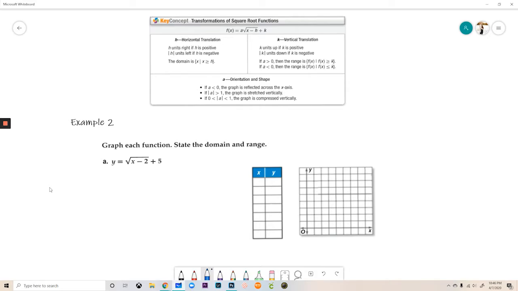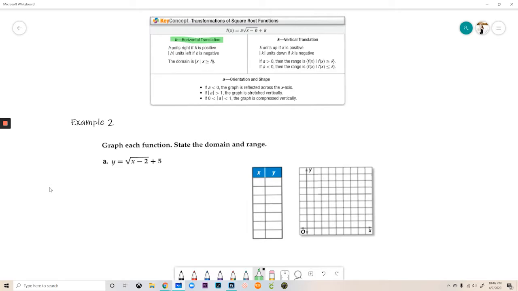Alright, so another piece of information up here is transformations of square root functions. This is also true for any graph that you may have. We're going to have a horizontal translation and a vertical translation. So, for example here, if you are adjusting inside the radical, that's going to give you a horizontal translation.